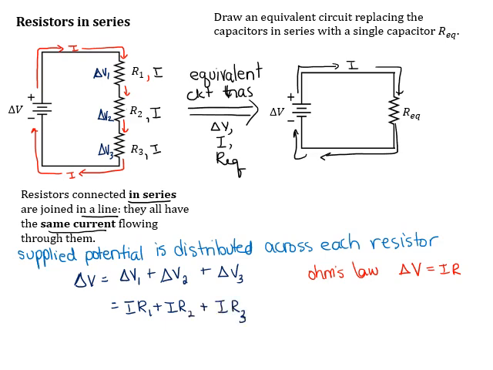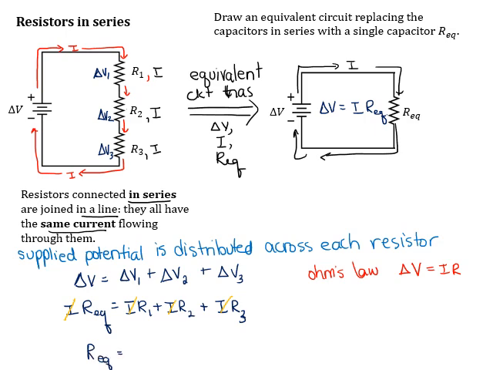For our net potential, delta V, let's look at our equivalent circuit. On our equivalent circuit, delta V equals I times R equivalent. Let's put that in on the left-hand side of our equation. What we notice here is that we have an I in every single term, so we can divide both sides by the current I, and we're left with R equivalent.